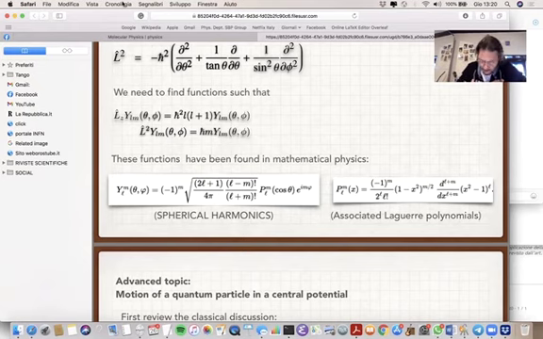Then I get P11(cos theta), so it's minus 1 to the 2, 1 factorial is 1, 1 minus cos theta squared times 1/2.